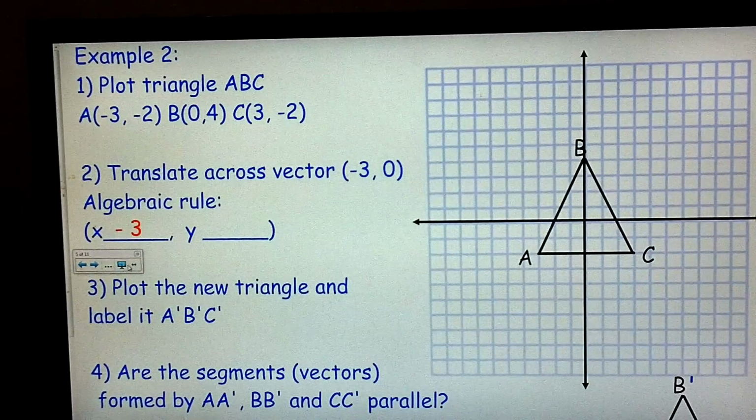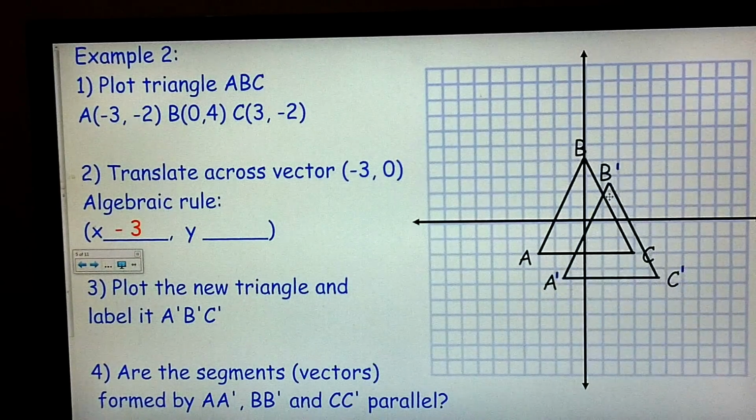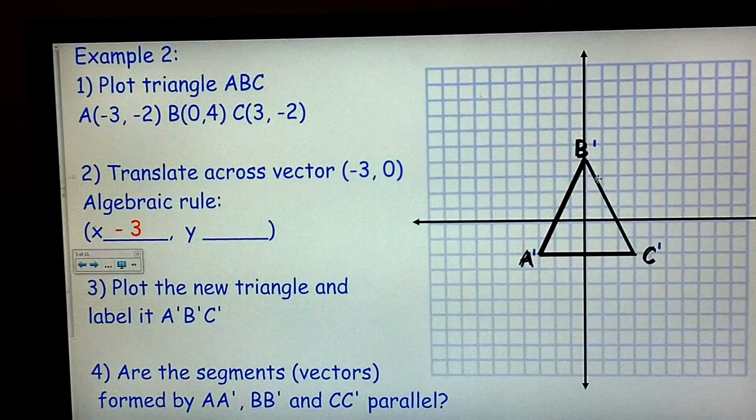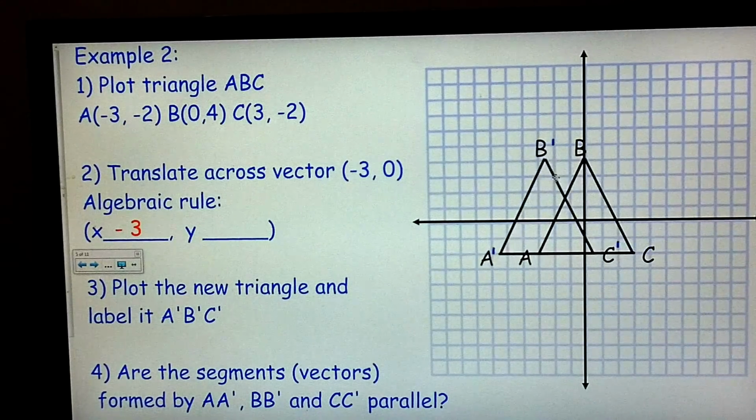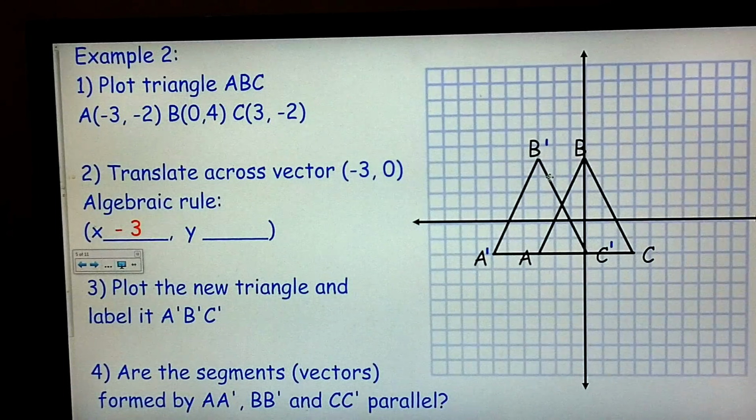Notice nothing changes to the y. That means this is not a diagonal slide, we're just shifting to the left, and that is it. So my shift to the left says I want to move 3 units to the left, and this is where we would end up. Take a minute on your own to find out what the new points are for A prime, B prime, C prime, and determine if the vectors are parallel.